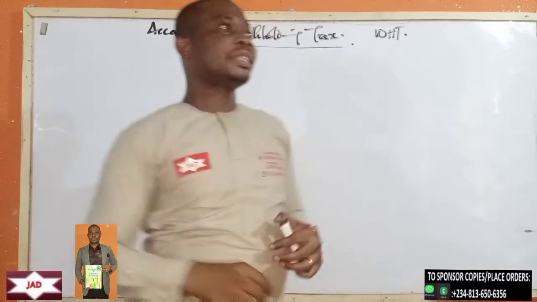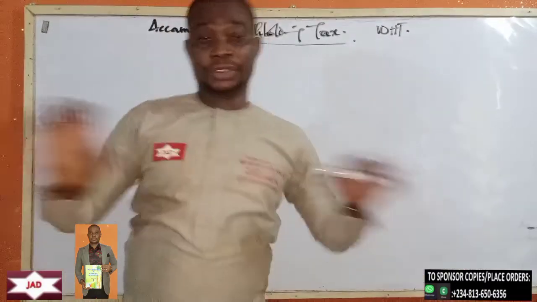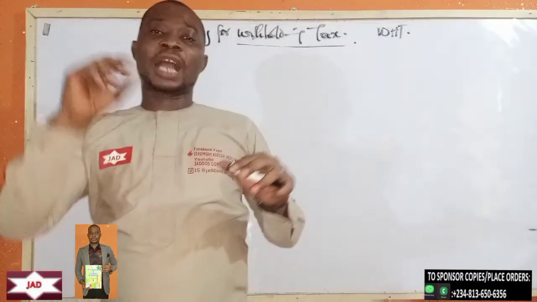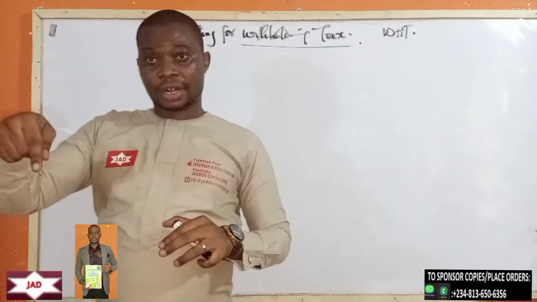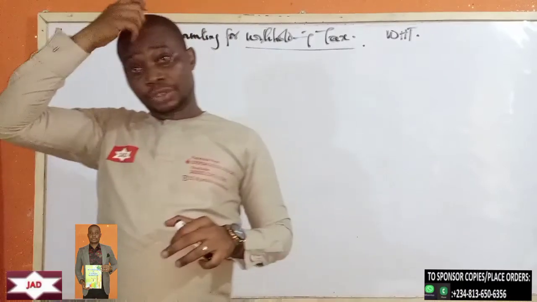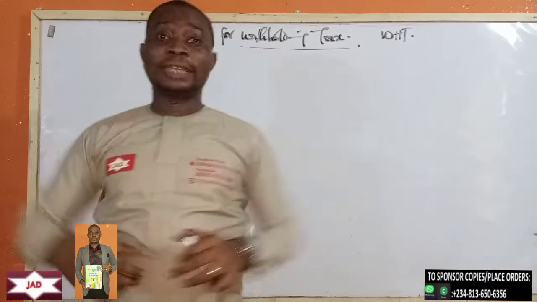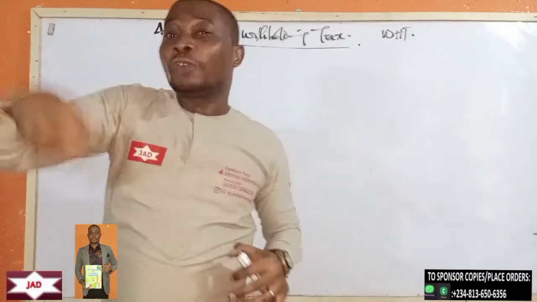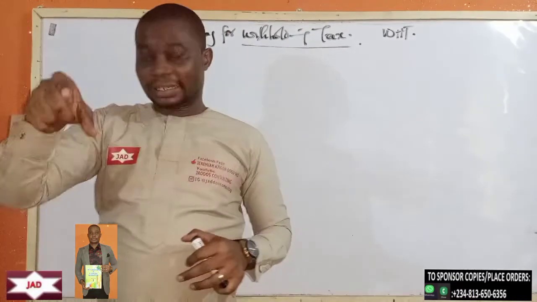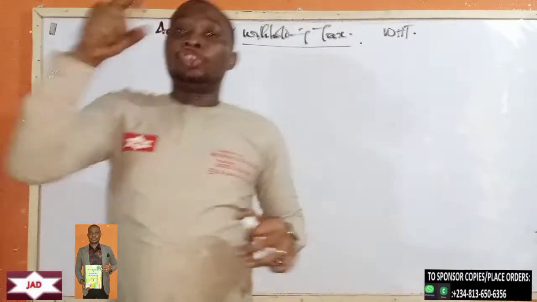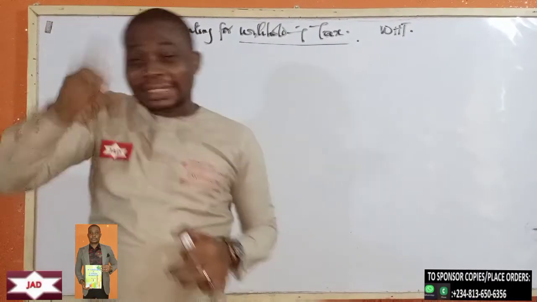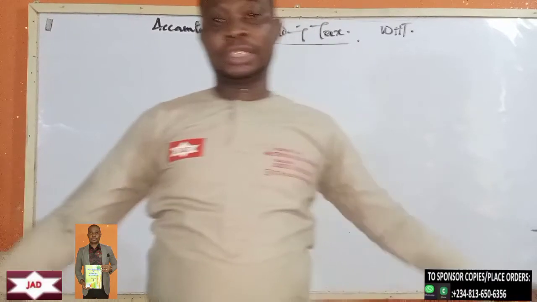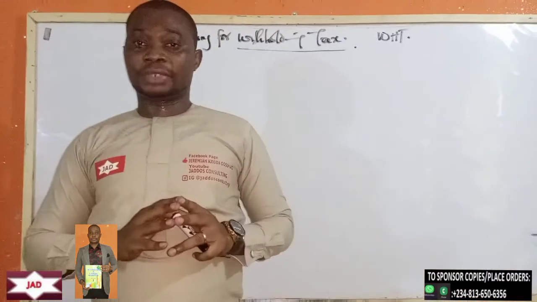So what I'm saying is there are some transactions that we apply withholding tax on. And when these transactions occur and withholding tax is applied, the person suffering that tax uses that deduction to reduce his own income tax.